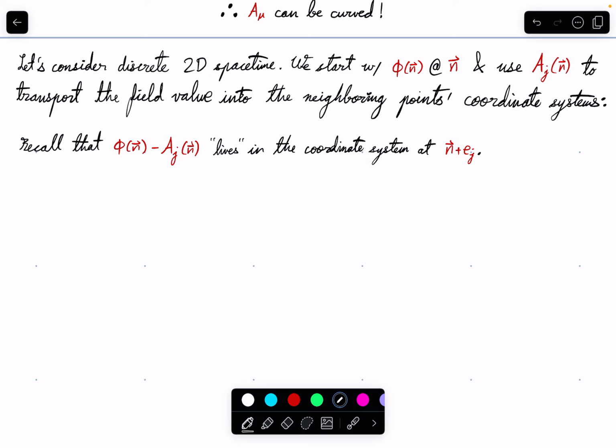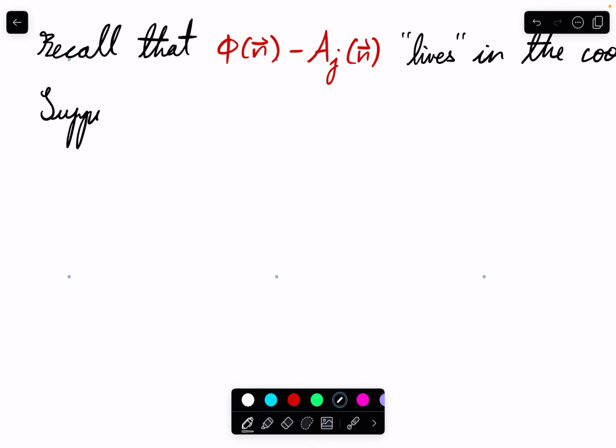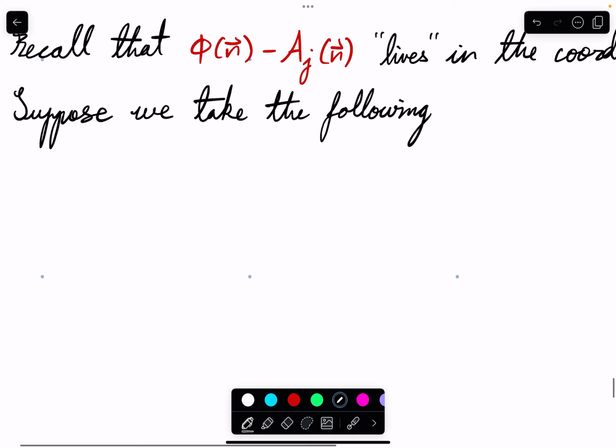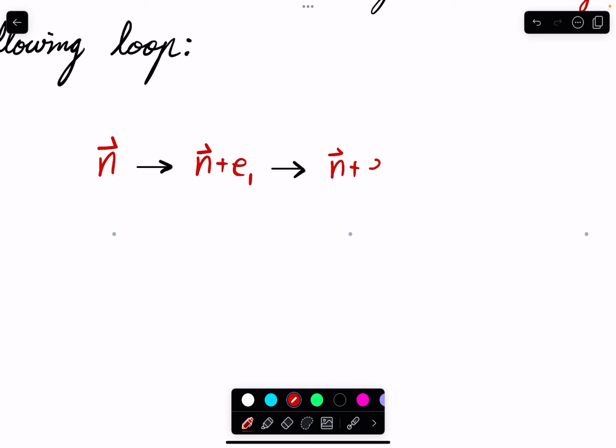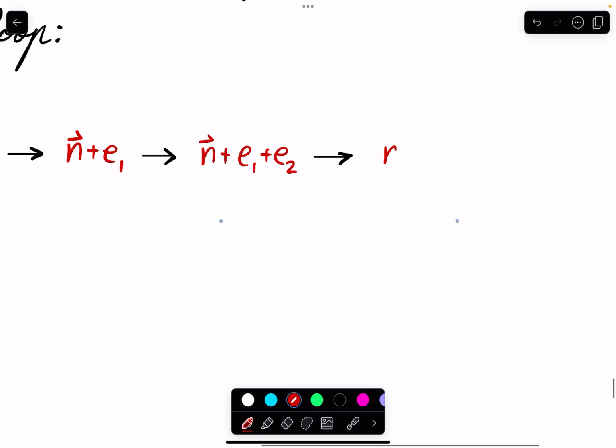So suppose we go in the following loop. n goes to n plus e1, which goes to n plus e1 plus e2, which goes to n plus e2, which then returns to n.